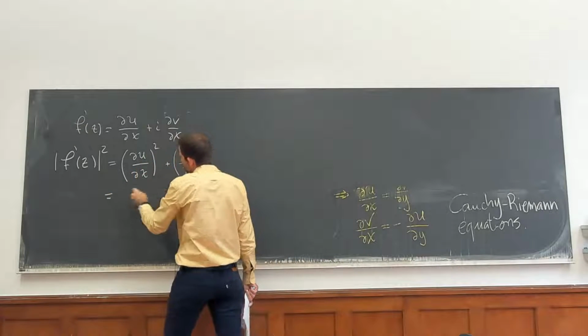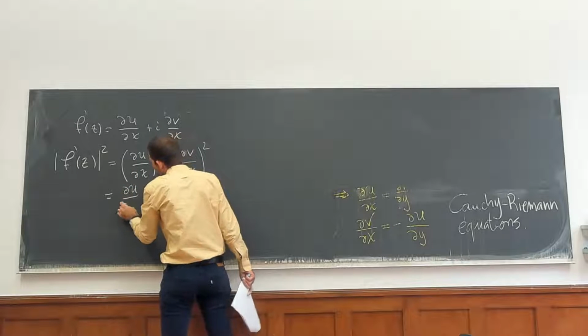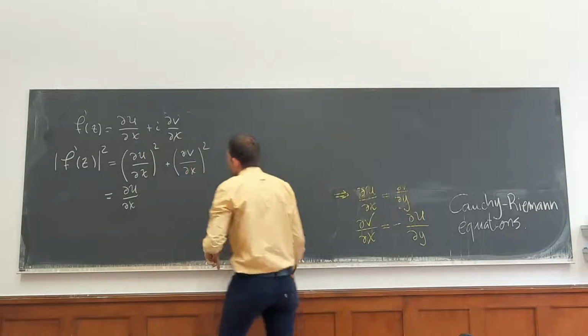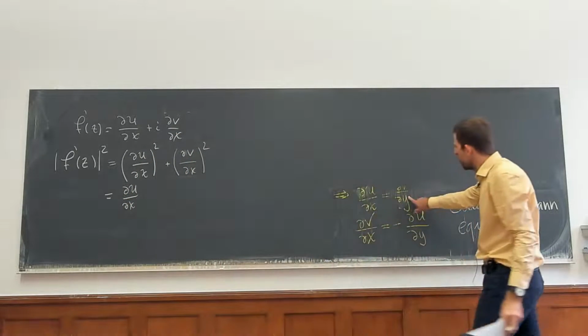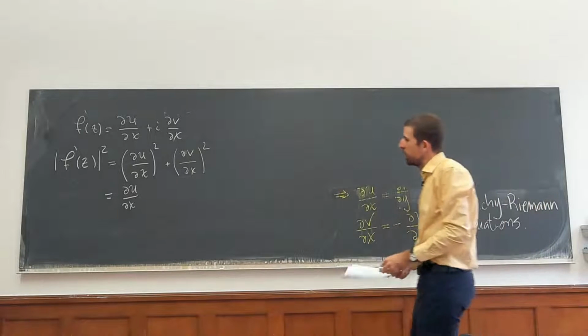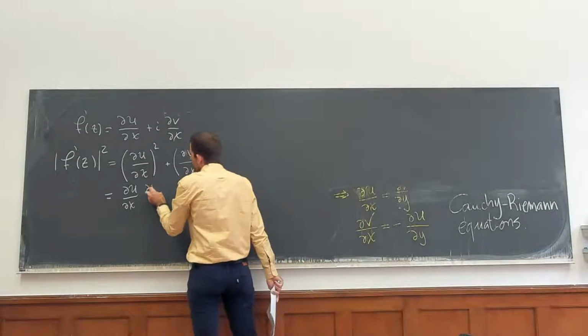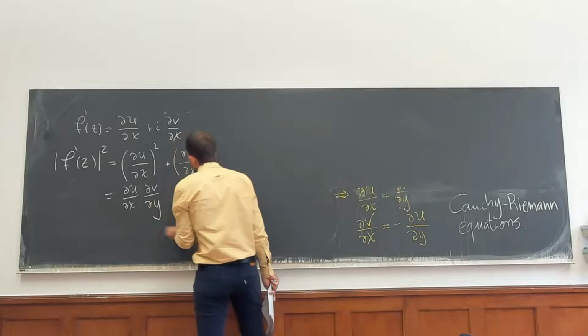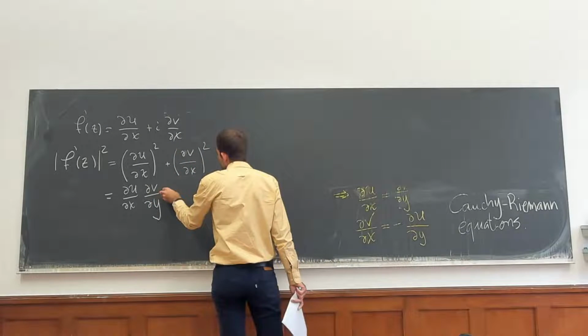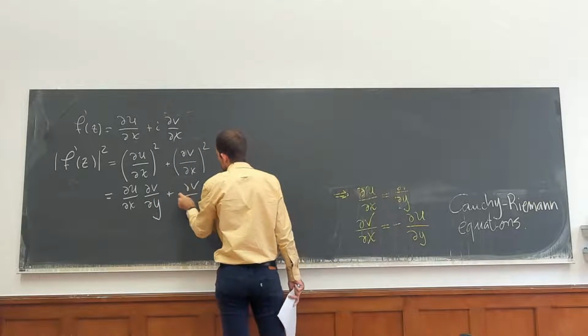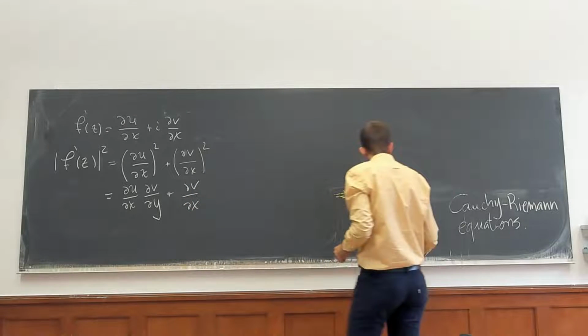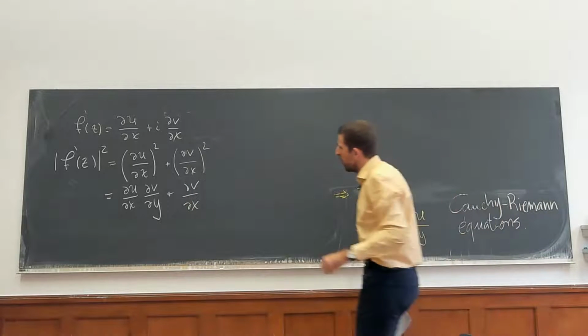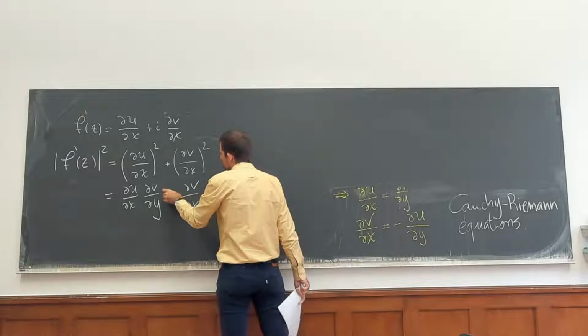So now let's use Cauchy-Riemann. Let's keep one of them being u, the partial derivative of u with respect to x, and switch the other one to being the partial derivative of v with respect to y. And do the same thing here. And now we swap the other one to be u with respect to y, but with a minus sign.